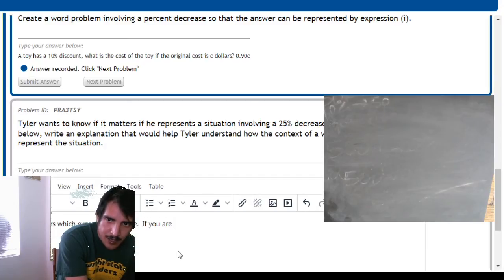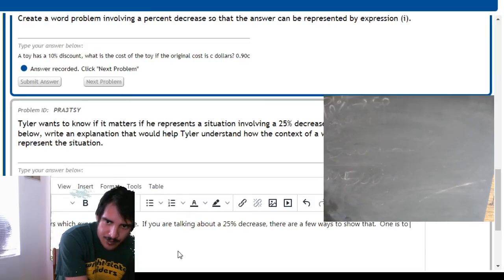If we're talking about a 25% decrease, there are a few ways to show that.